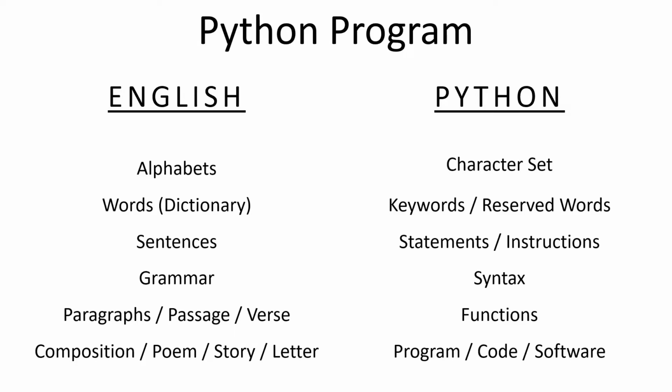Python character set, keywords or reserved words formed using characters from this character set, Python statements, syntax for writing correct statements, functions and programs. We will now look at these individual programming elements of the Python language in detail, and then switch to PyCharm for practical sessions.